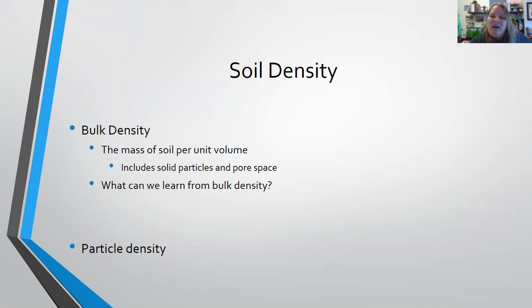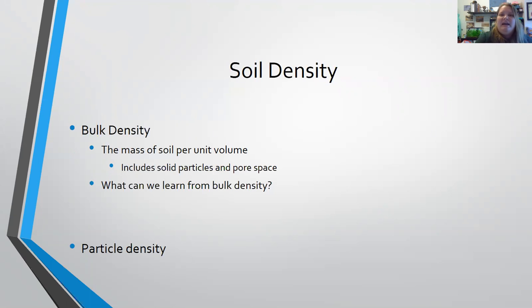So bulk density can be very, very helpful. And there's also slides that really compare, because there's a wide range of bulk densities, but typically, the lower the bulk density, the better it is for plant growth, because they have lots of pore spaces, lots of areas that the roots can easily move into, and then also have air and water available.